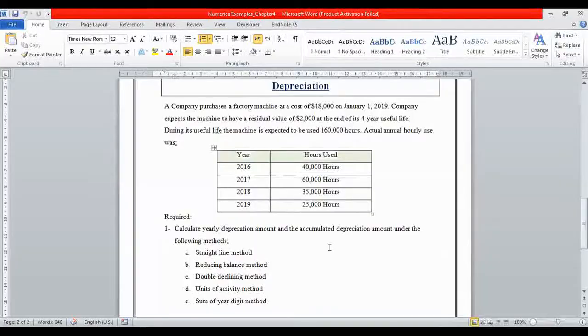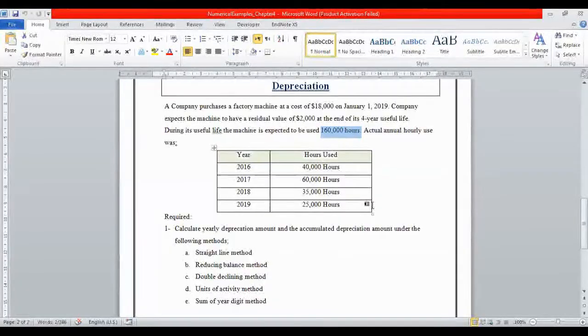A company purchases a factory machine at a cost of $18,000 in 2016. The company expects the machine to have a residual value of 2,000 at the end of its useful life, which is N equals 4 years. During its useful life, the machine is expected to be used for a total of 160,000 working hours.